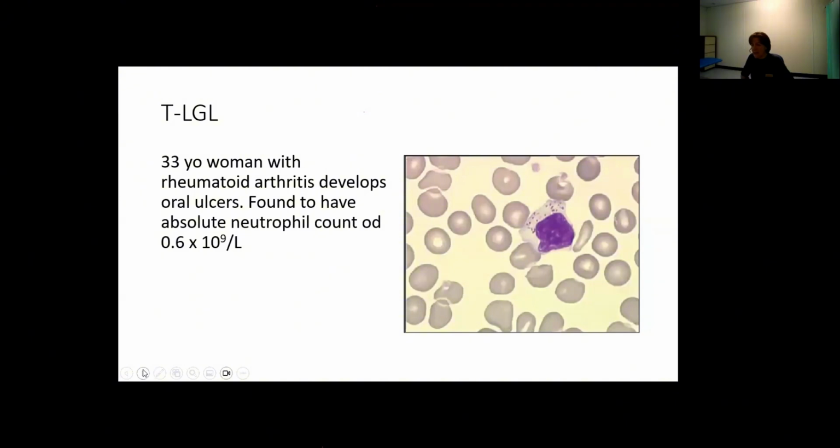Now, this is quite common in association with rheumatological disorders, and it doesn't always require any treatment, but some of these patients can end up with significant lymphadenopathy, and the treatment for them often is immunosuppression as opposed to necessarily chemotherapy. So often they end up getting treated with methotrexate, and so sometimes their treatment of their rheumatoid arthritis actually controls this. But it's one thing to look out for if you've got patients with rheumatological disorders who then become cytopenic, particularly neutropenia.